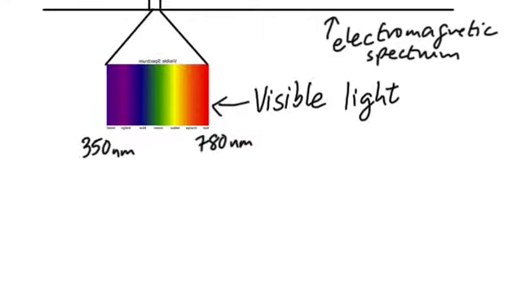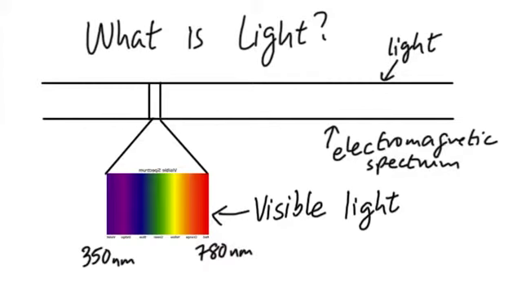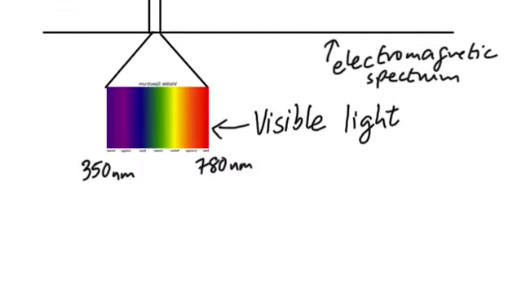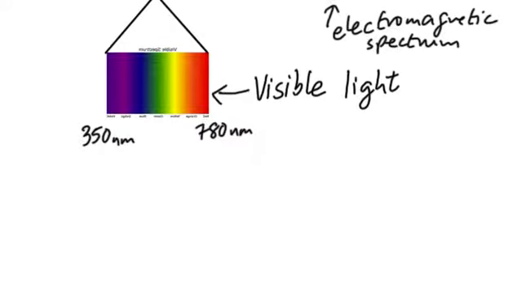So sound, for example, is not light. Even though it has a wave, it is not part of the electromagnetic spectrum. What do we mean by the electromagnetic spectrum? Well, there are different components of the electromagnetic spectrum.